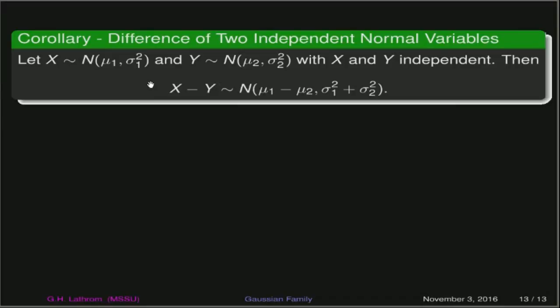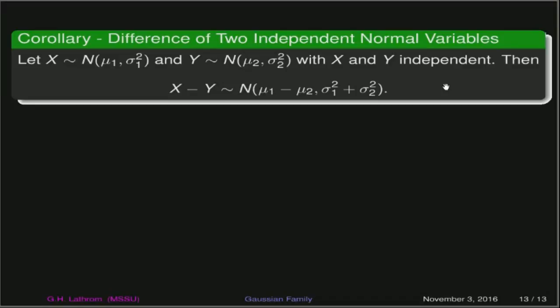So if x is normally distributed with a mean of mu sub 1 and a variance of sigma sub 1 squared, and y is also normally distributed with a mean of mu sub 2 and a variance of sigma sub 2 squared, then because x and y are independent, if we look at the difference of x and y, that will also be normally distributed with a mean of mu sub 1 minus mu sub 2 and a variance of sigma sub 1 squared plus sigma sub 2 squared. Now this is going to come back again.